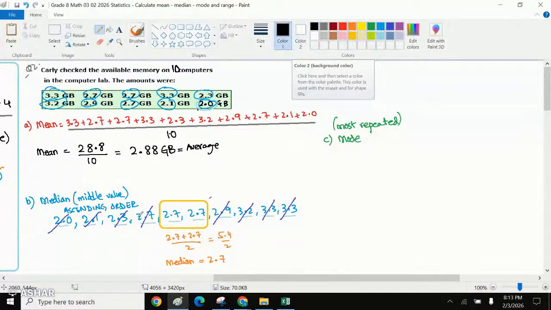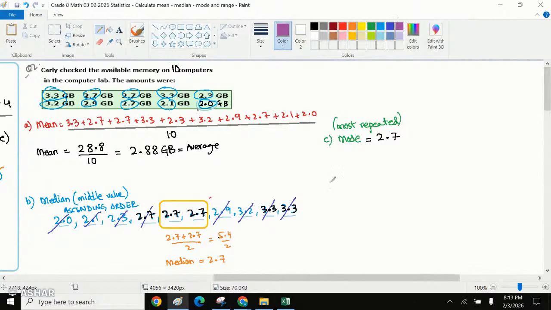Because 2.7 was 3 times, right? And 3.3 was just twice. So we can say the mode is 2.7. The most repeated available memory is 2.7 GB. Agreed?